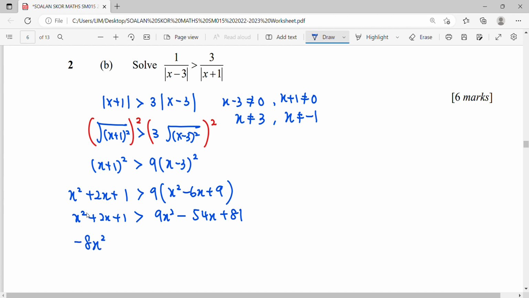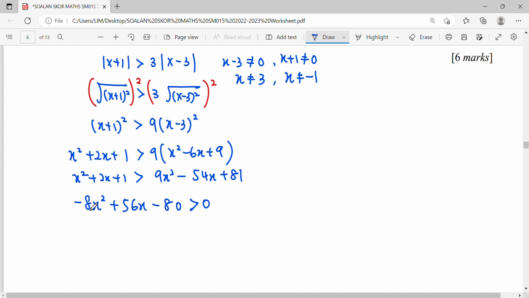You get a negative quadratic. So be careful here. When we have a negative quadratic, you cannot go ahead with factorization using your calculator, because your calculator only performs it for a quadratic with positive leading coefficient here.